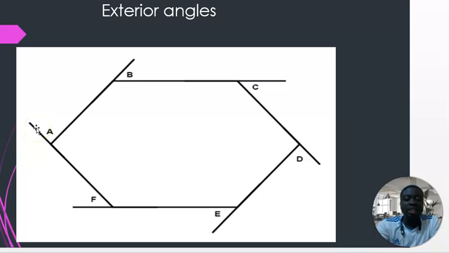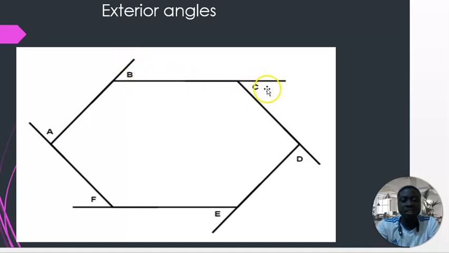Now, the reason why they use the word corresponding is because we have exterior angles and also interior angles. So there is no way you can sum this exterior angle together with this interior angle. They are not corresponding. This interior angle here corresponds to this exterior angle.